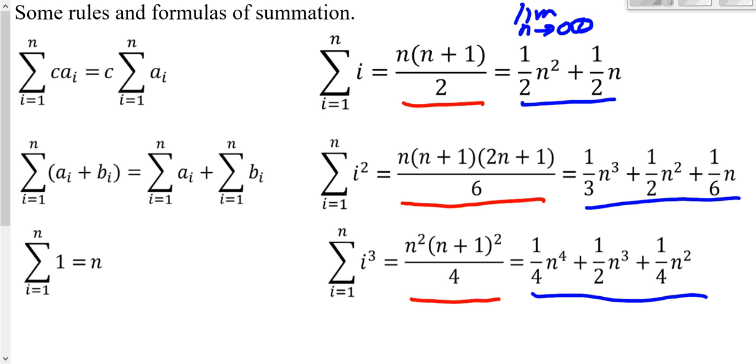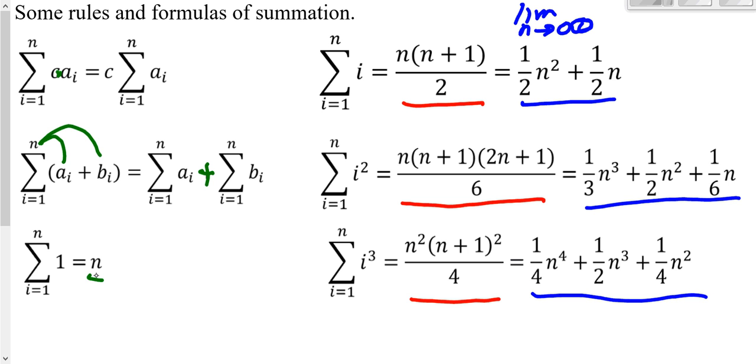Also over here, if you're multiplying a number times a variable, you can put that number in front and just deal with the rest. Here, it's saying you can distribute your summation through. Here, the sum of 1 would be 1 added together n times, which is just n.